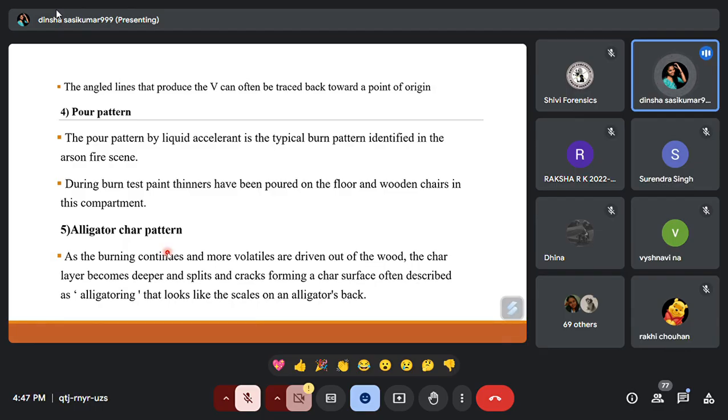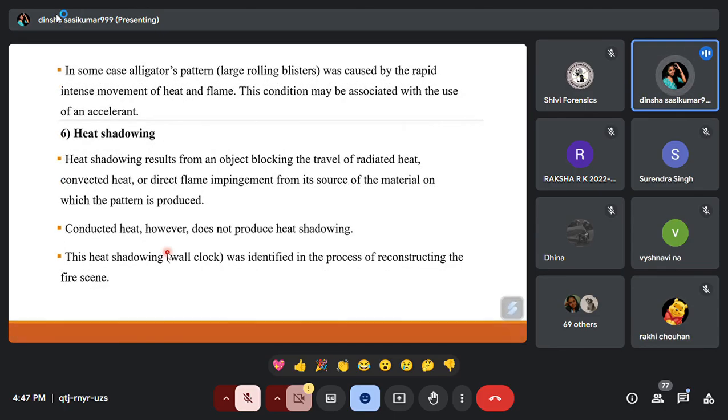In some cases, the alligator pattern is caused by the rapid, intense movement of heat and flame, and this condition may be associated with the use of an accelerant. So if there is an alligator char pattern, it may or may not, but it usually is associated with the use of an accelerant.